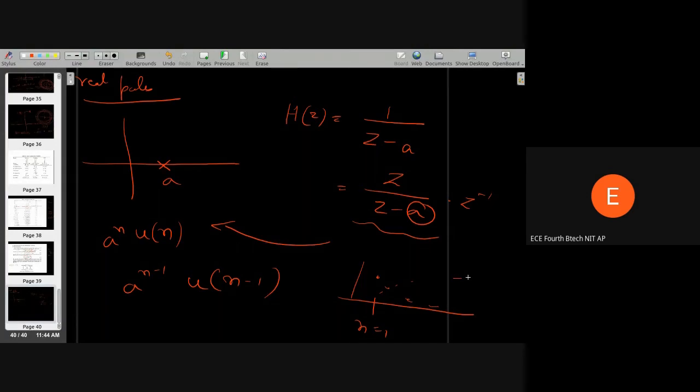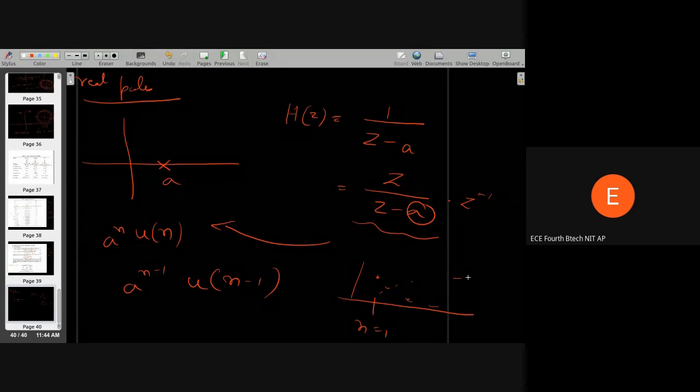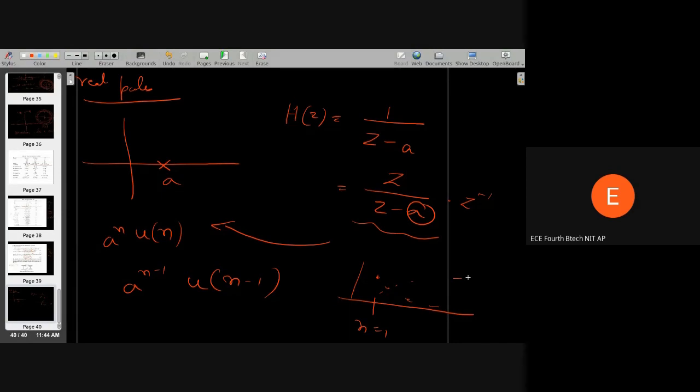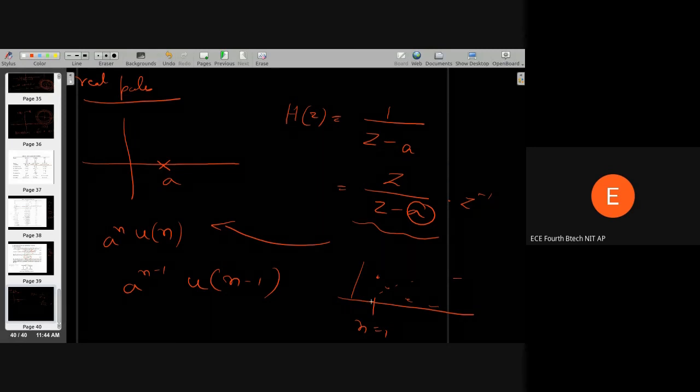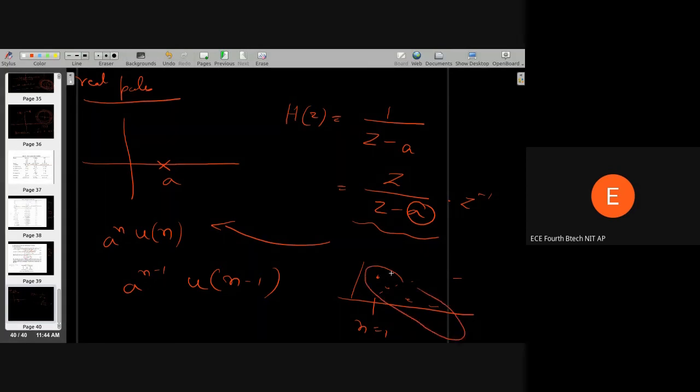It simply represents a non-linear increasing or decreasing trend, just like e to the power something, an exponential function. We generally want a decreasing trend. That means the system will be stable.